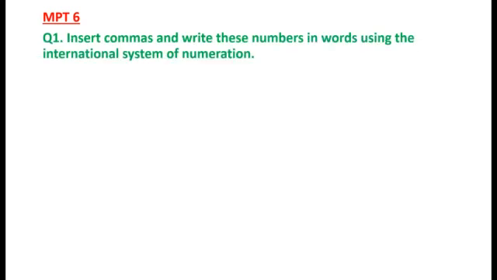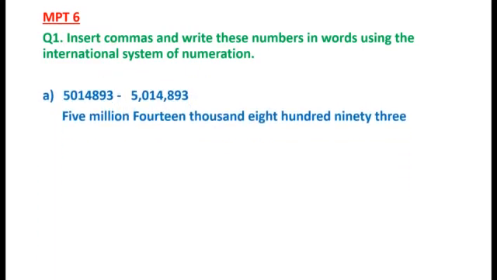Now let's solve some of the questions from My Practice Time 6. Question number 1: Insert commas and write these numbers in words using the international system of numeration. The first number is 5014893. We have to place the commas according to the international system of numeration.